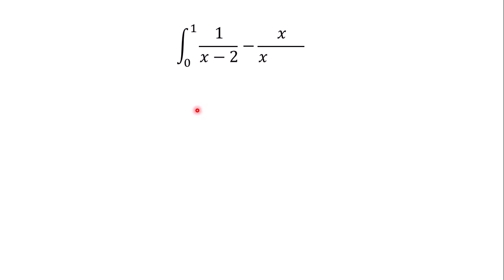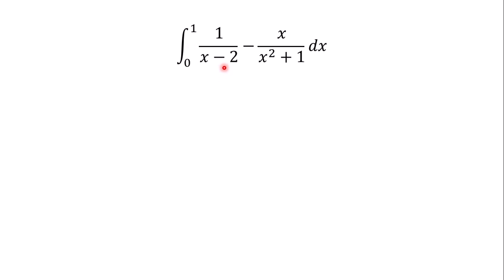Bear in mind that you do not change the limit of the integral because we haven't made any substitution. We just split them, so we are still in the same world. So don't bother changing the limit of the integral.